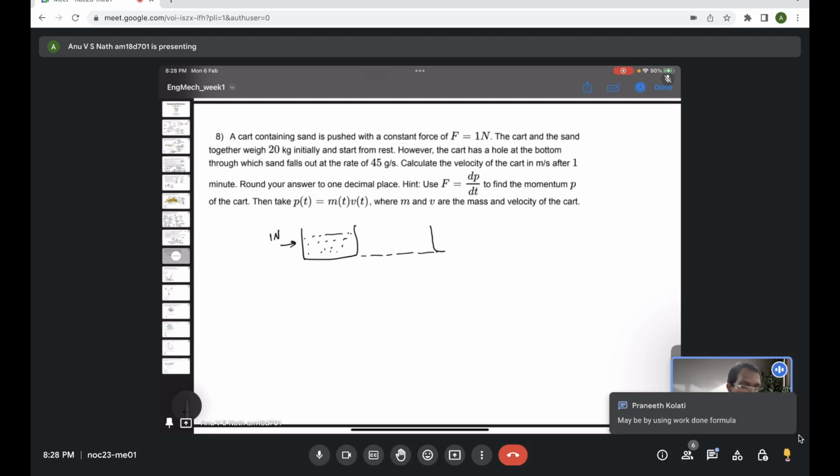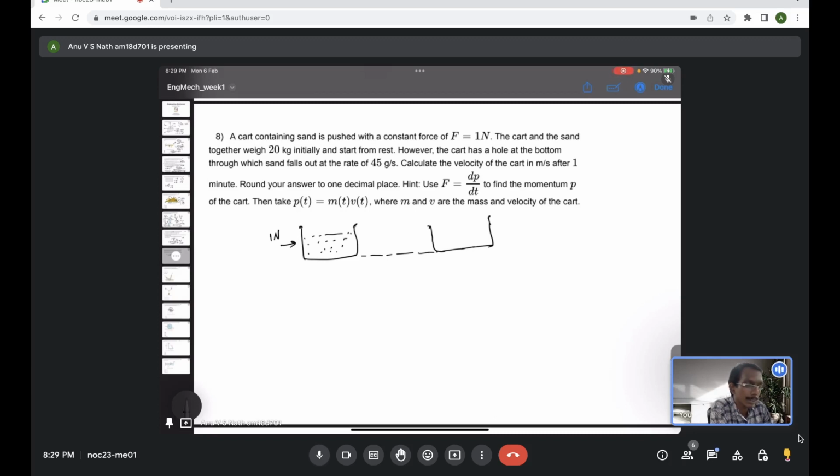One of the comments says that we may have to use the work done formula. I don't think we need to use the work done formula. A hint is given that we just need to use Newton's law.